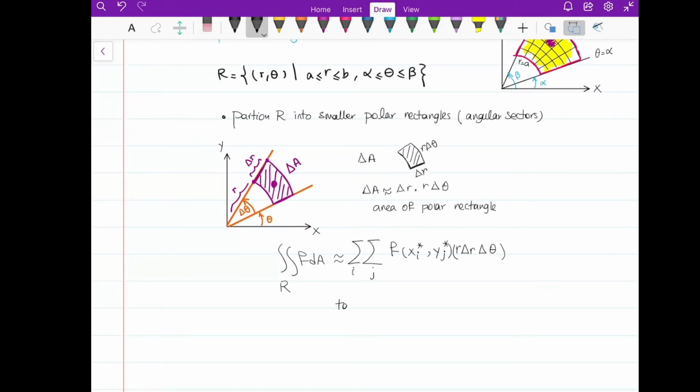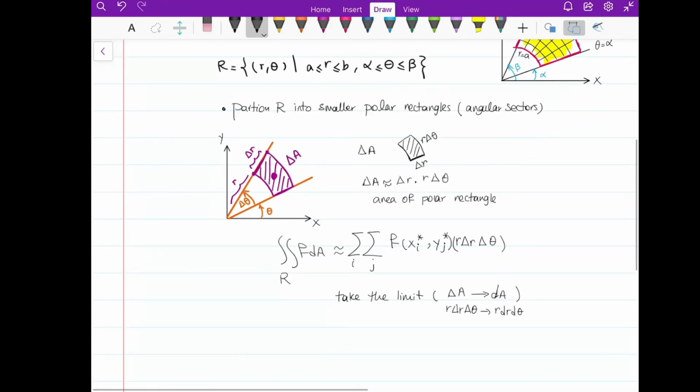So now we're gonna take the limit, and when I take the limit, delta A, the change in the area of the smaller polar rectangle, would be dA, and this is r delta r delta theta. When I take the limit, it would be r dr d theta, very small pieces.